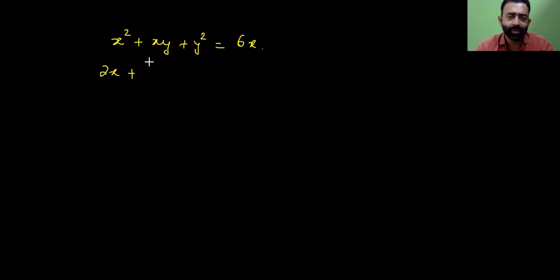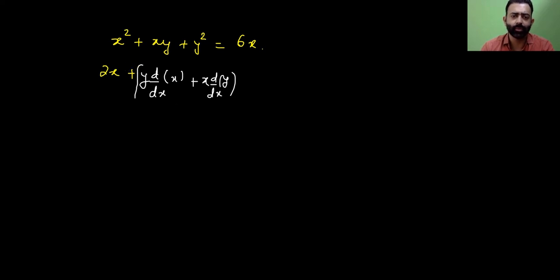First we will differentiate x, taking y as a constant, and then plus differentiating y with respect to x, taking x as constant. This is your product rule. You will see the value in the next step.